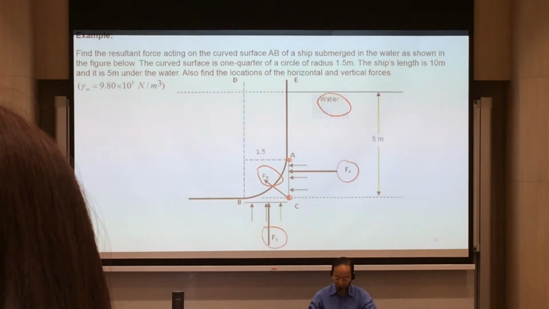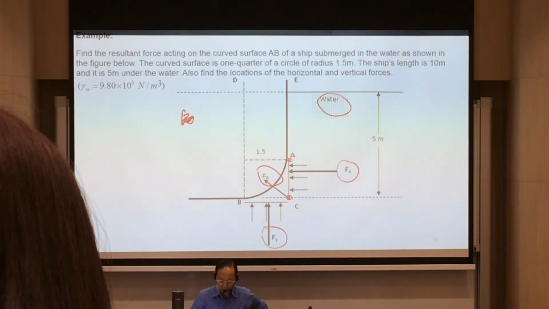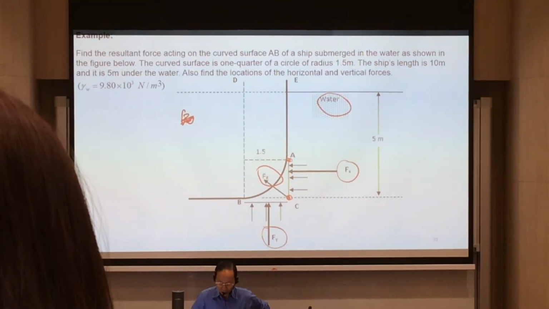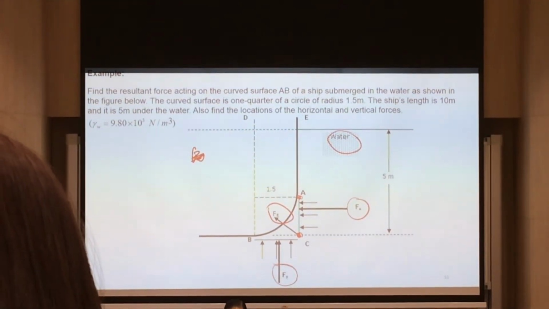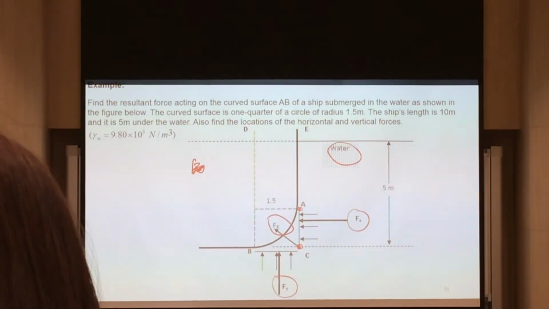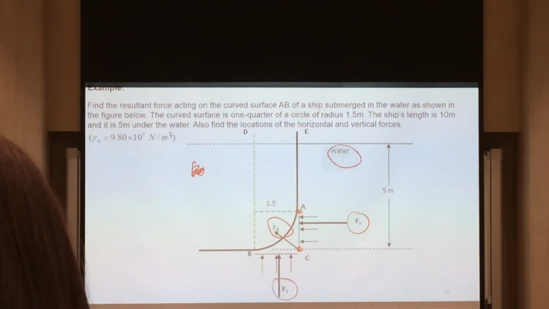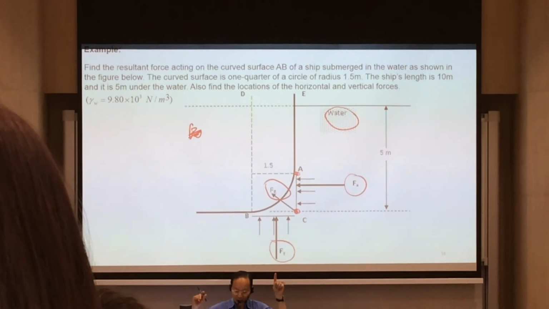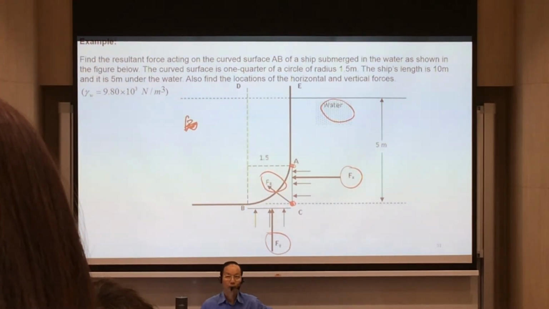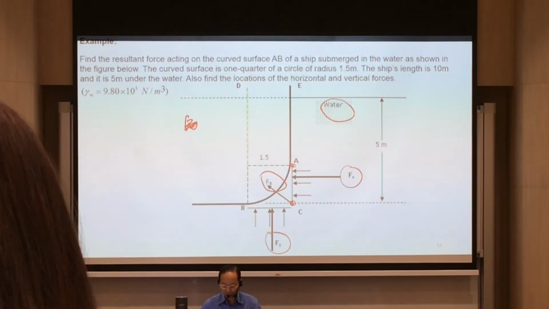And what is that? It's the weight of the water, so it has to be equivalent to the weight of the water contained in block ABDE of the ship.